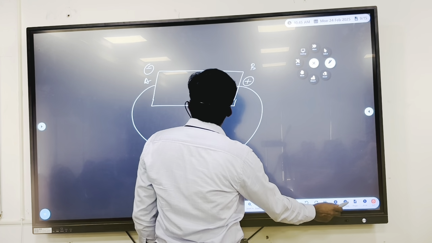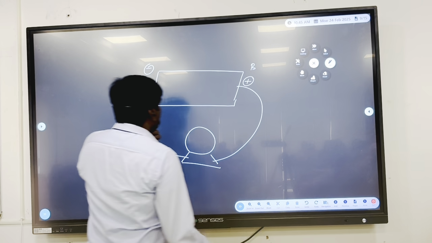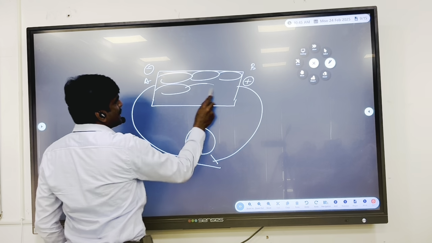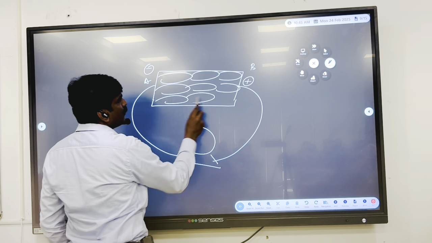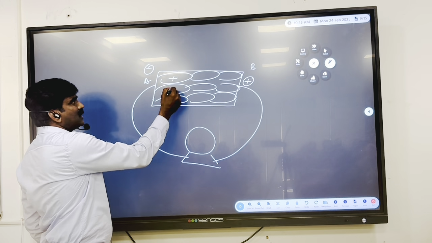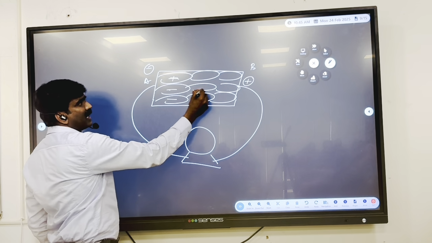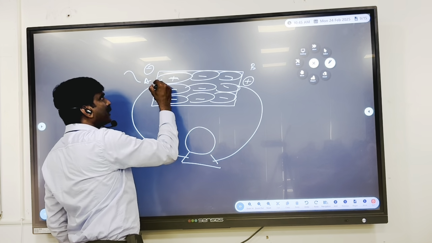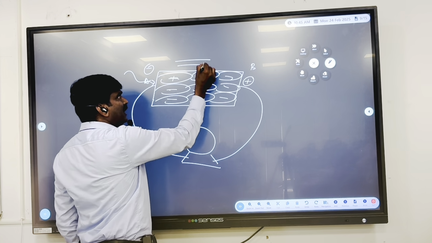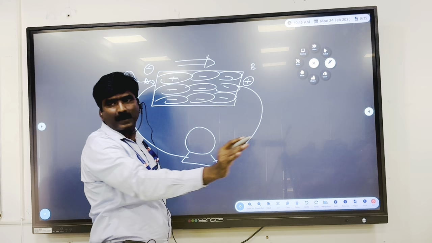So what is the 7th principle? See, imagine this is ventricular myocardium. This is negative, initially it was negative. When appropriate stimulation is given, the current moves very fast.